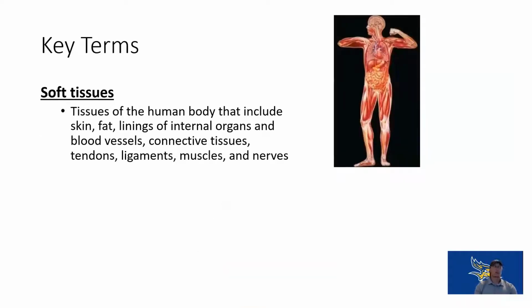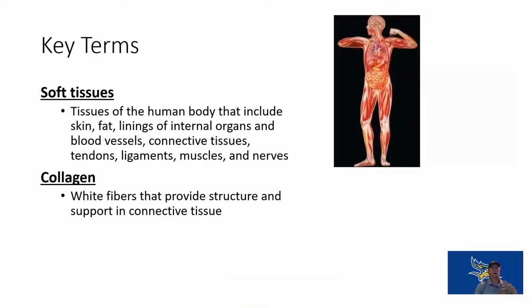Okay, soft tissue also plays a role. So soft tissues like skin, fat, connective tissue, muscle, ligaments, nerves, all of this other tissue that is not bone also play a role in flexibility. They can either allow or restrict range of motion.